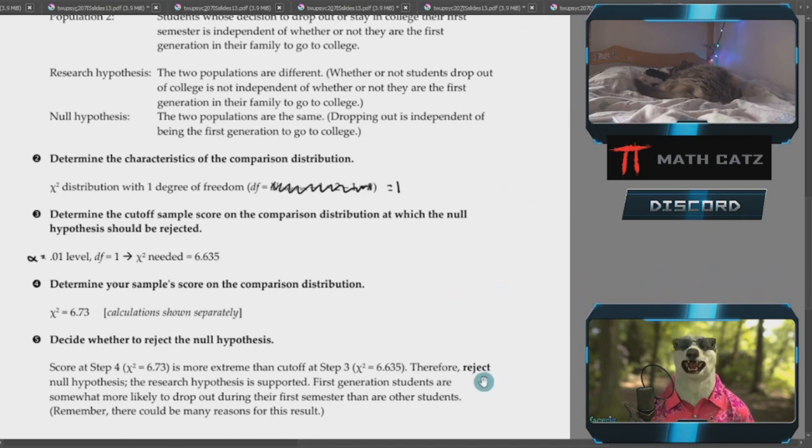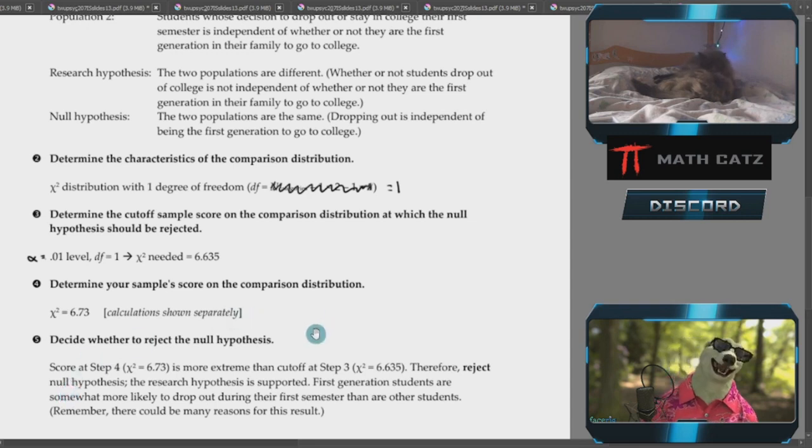In this case, yes, we reject the null hypothesis in favor of the research hypothesis. The evidence is strong enough at a 1% significance level, at a 99% confidence level, that these two variables are not independent of each other. I reject the null hypothesis. Null hypothesis says they're independent of each other.